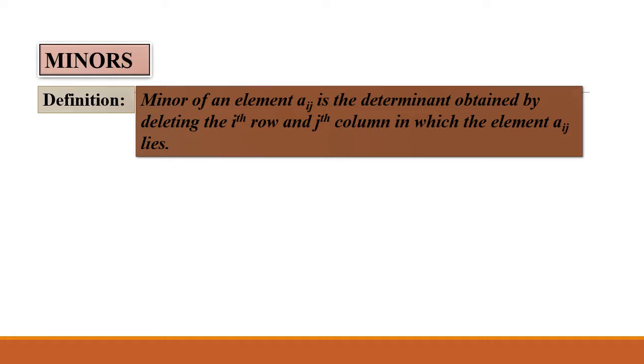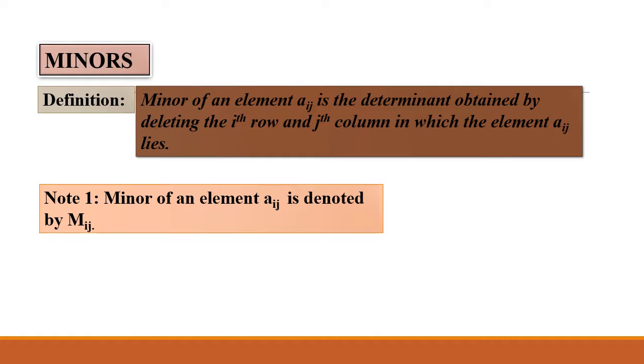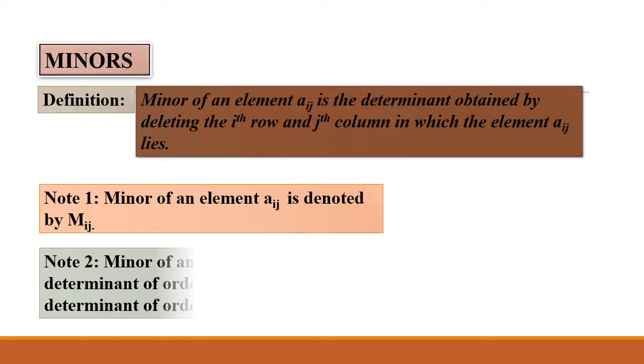So we are obtaining the minor by deleting the ith row and the jth column in which the element belongs. Note 1: the minor of an element Aij is denoted by capital Mij.